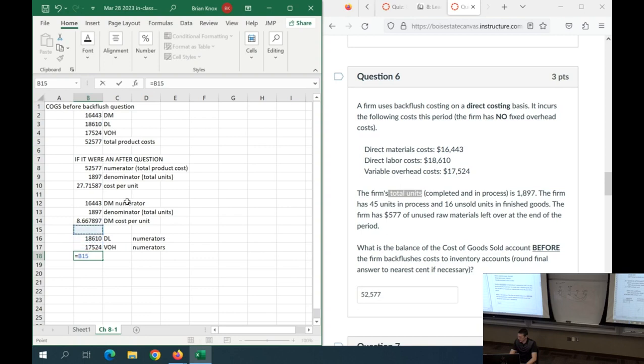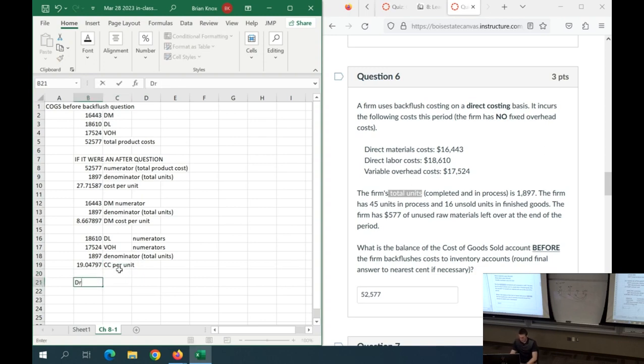Just copying things over. And then take the conversion costs, which are direct labor and overhead, any overhead that is considered a product cost, which in direct costing includes the variable overhead. And create a separate number right there. These two together sum to 2772. But I'm going to keep them separate for my calculations, because that's going to be useful. So what do I call this? This is CC per unit.